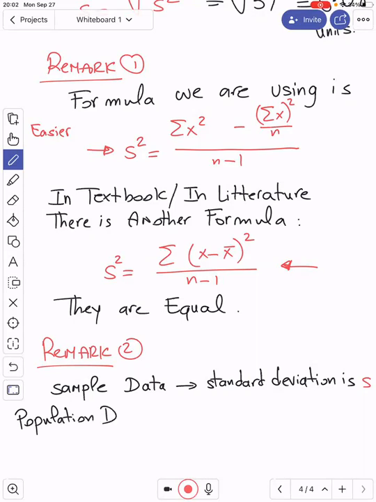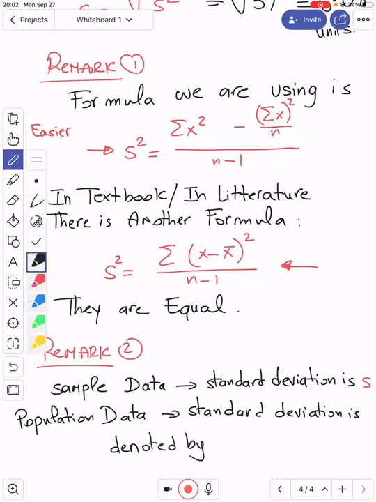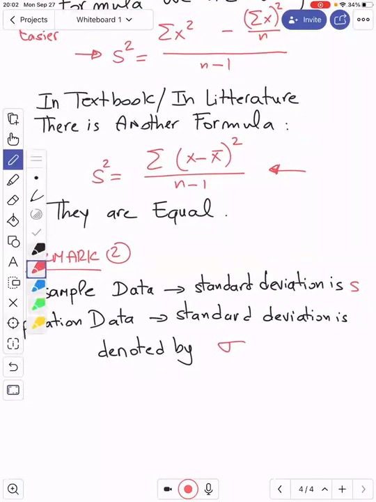When I say population data, guys, I mean that all data values represent the whole population, not just a sample. So here is sigma. This is a Greek letter, of course.